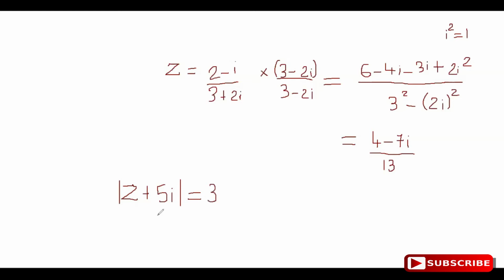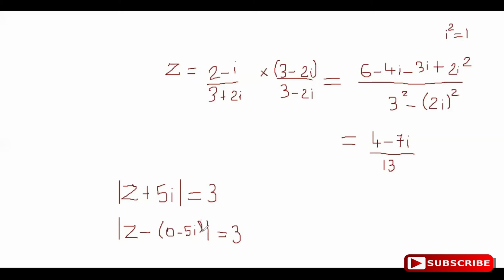And so what we're going to do is rewrite this as the modulus of z minus, in brackets, a complex number, 0 minus 5i, and that's equal to 3.